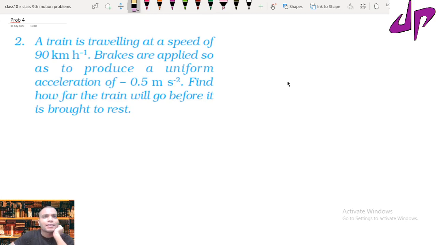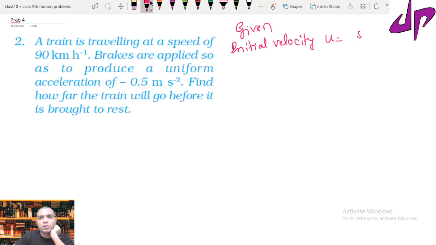First I will write that the train is traveling at a speed of 90 km per hour. So that is my initial velocity. First I need to write the given value, it's 90 km per hour.